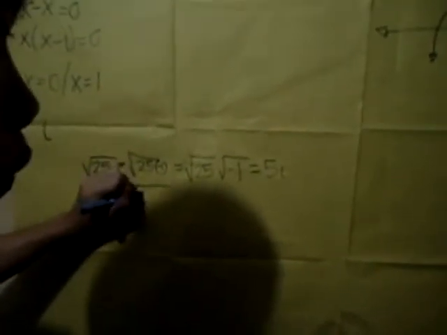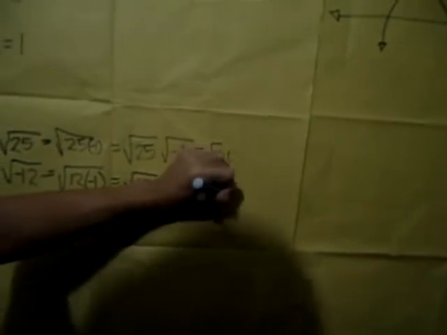Square root of 12 equals square root of 12 times negative 1 equals square root of 12 times square root of negative 1 equals 2i square root of 3.